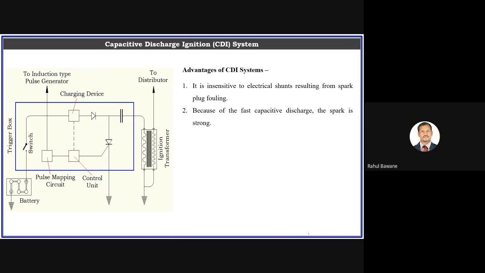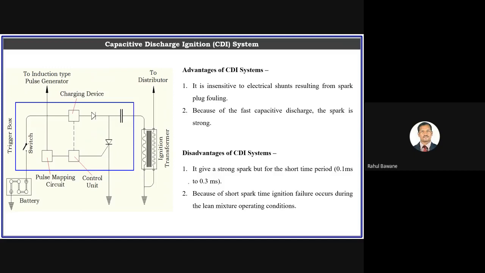Now, it has advantages: it is insensitive to electrical shock resulting from spark plug fouling. Second advantage is that because of the fast capacitive discharge, the spark is strong. Some disadvantages, as every system has some limitation. It gives a strong spark, but for a short time period, that means 0.1 millisecond to 0.3 millisecond.